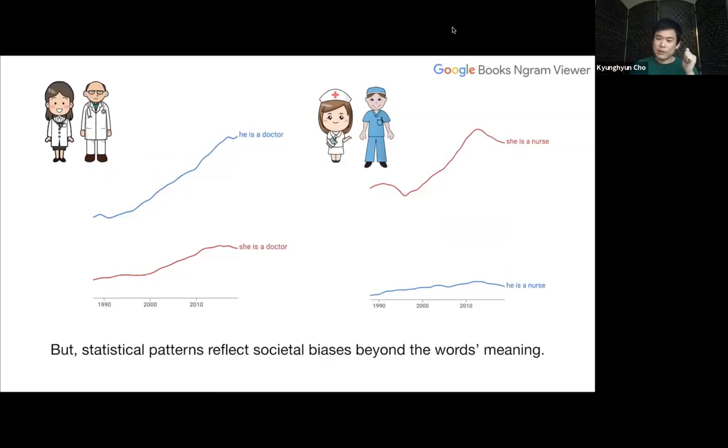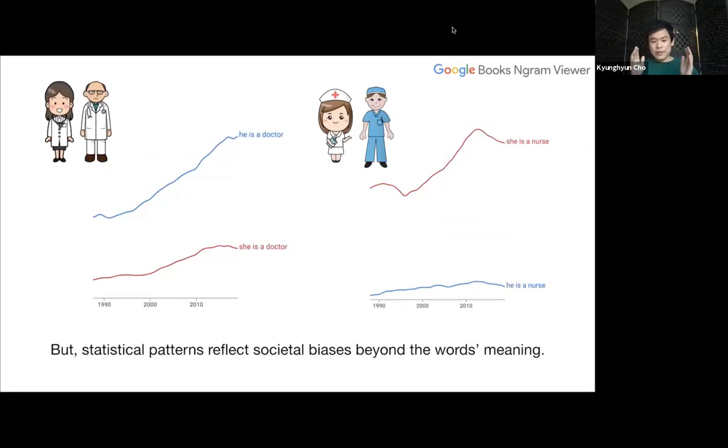With the word doctor, he co-occurs much more frequently than she does. When we think about the word nurse, the situation is opposite.